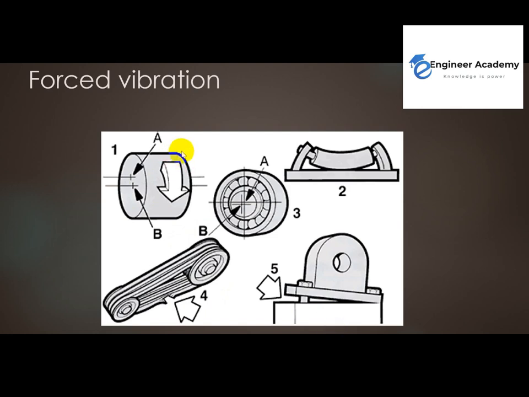Because forced vibration is generated due to the force coming from the defect. In the case of unbalance here, we have a difference between the geometrical center line and the CG.